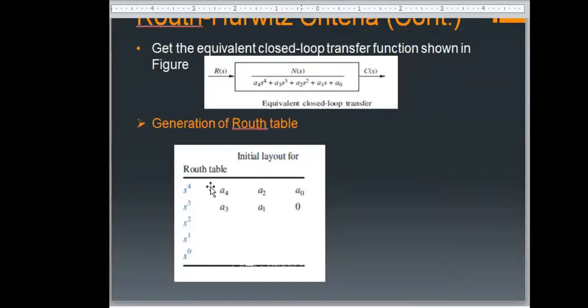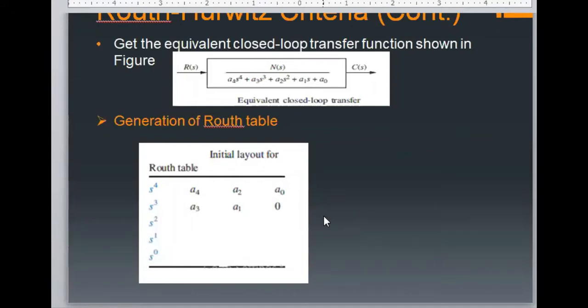Your coefficients will be A4, A2, A0, A3, A1, and you just write 0 for the last one. That's the first step in creating the Routh table.